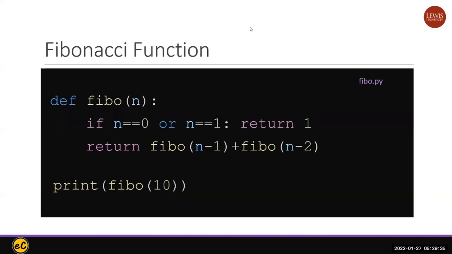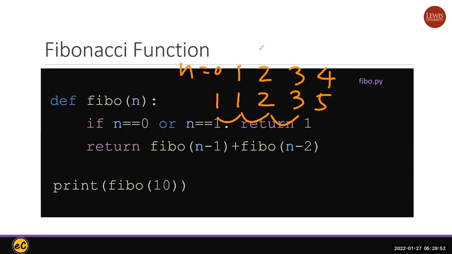It starts with n equals 0, you get 1. n equals 1, you get 1. n equals 2, you sum these 2 up, it becomes 2. n equals 3, you get 3. n equals 4, you get 5. n equals 5, you get 8.